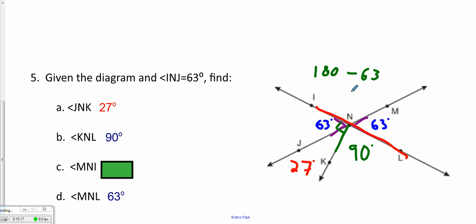Whatever's left over will be right here. 180 minus 63 comes out to 117. So this last one must be 117 degrees. So we can figure out all of these other angles just using what we know. Vertical angles, complementary, supplementary, linear pairs, things like that. These are going to be the types of problems you're solving.